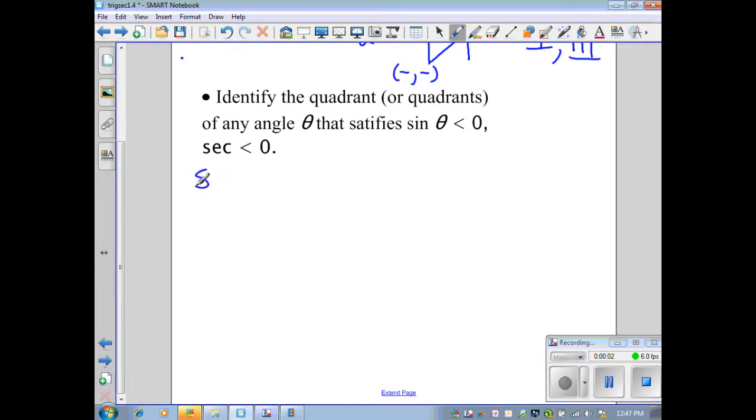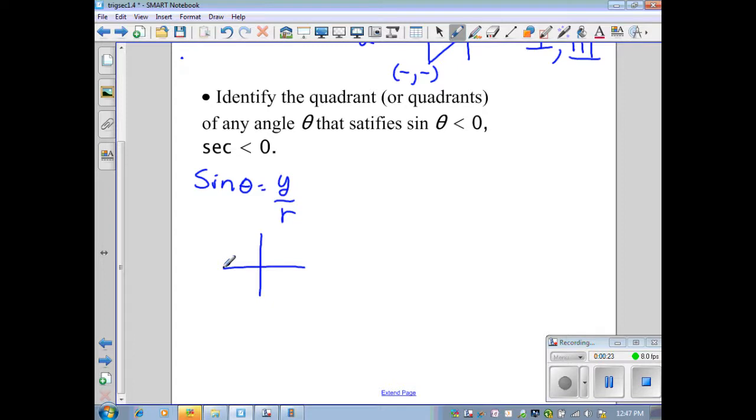Let's recall that sine theta is equal to y over r. And what we need to do is to take a look at a coordinate plane and determine where sine theta is going to be less than 0. Or, in other words, my y value has to be negative. My r value is always positive.